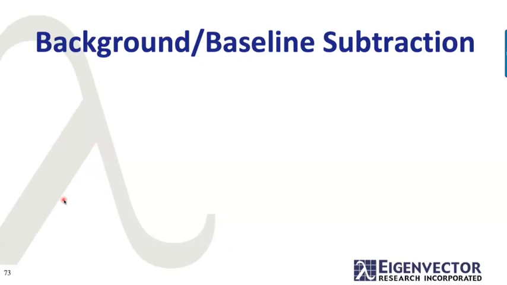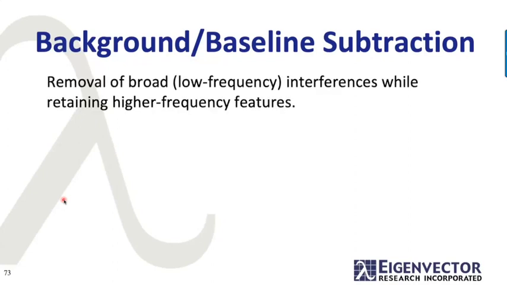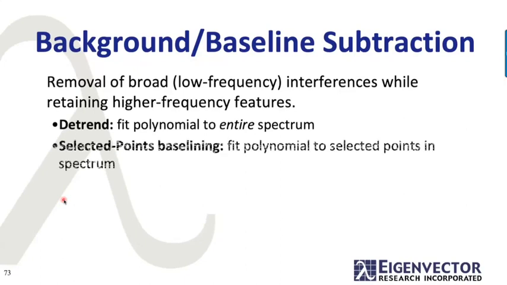So a couple of things that we do to try to improve the clutter situation and reduce nuisance variance are background and baseline subtraction. That's removal of broad low frequency interferences which retain higher frequency features. You can detrend spectra.